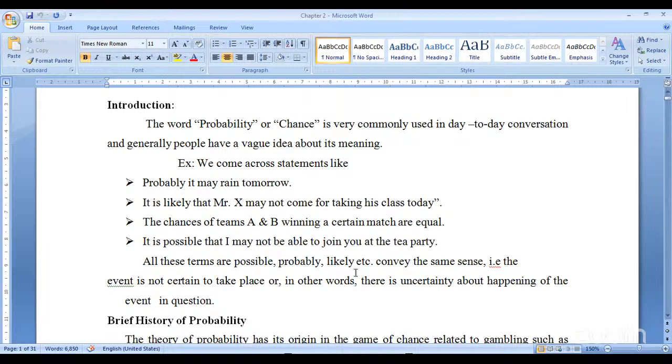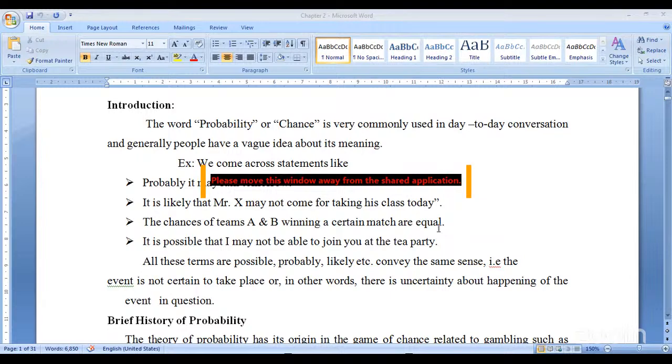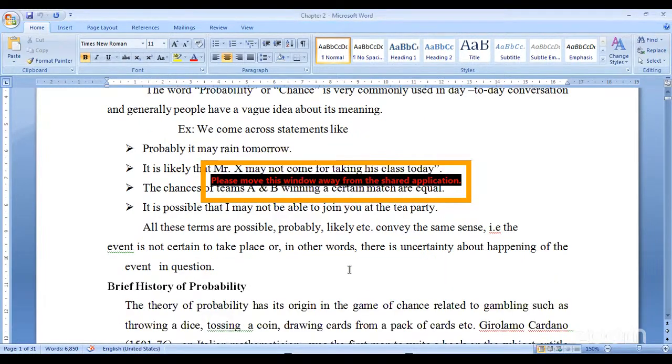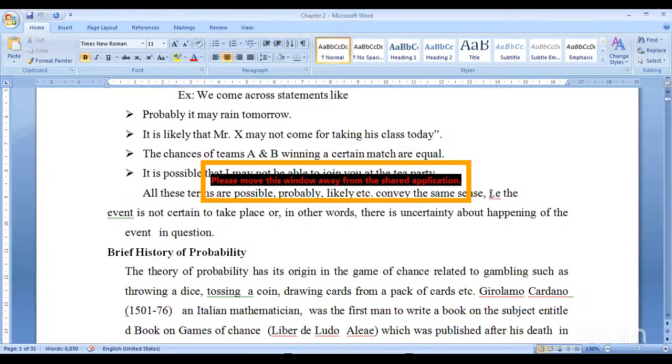May or may not, the equal chances are there.